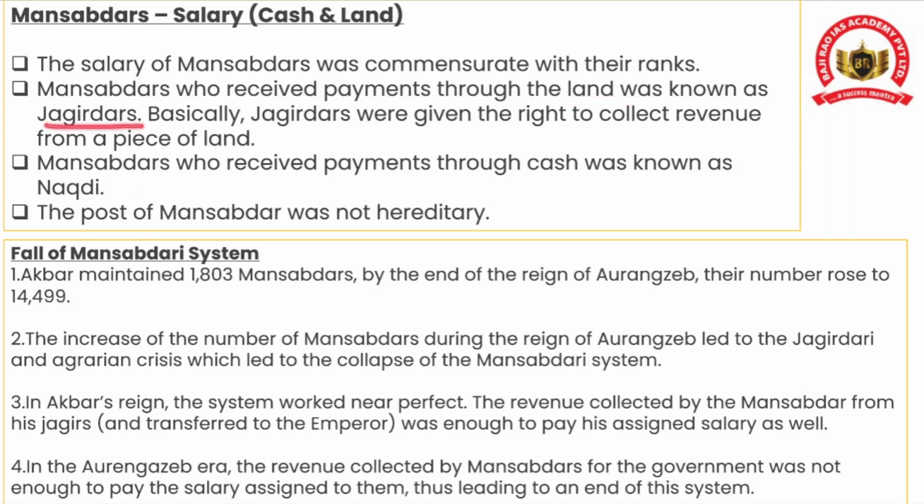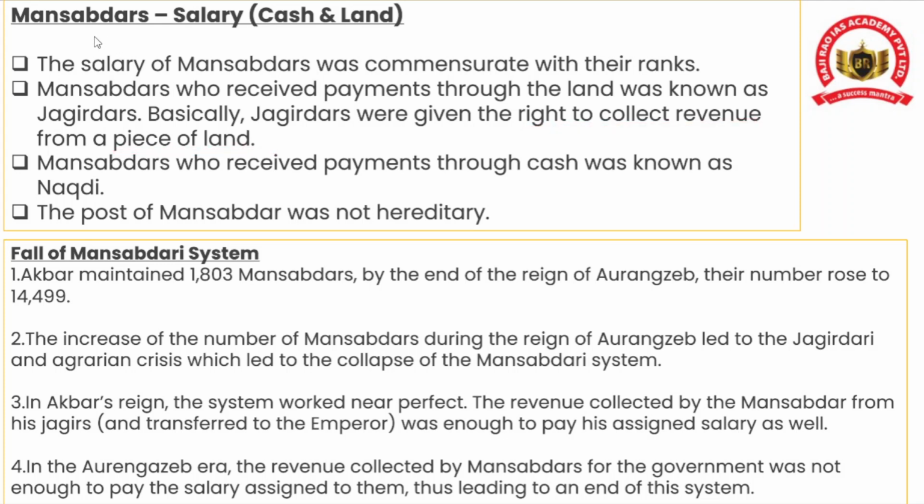Secondly, the mansabdar who used to receive payment in the form of land is known as a jagirdar. Jagir is a term for land. Therefore, a person who received payment through land was known as a jagirdar. These jagirdars were given the right to collect the revenue from a piece of land.